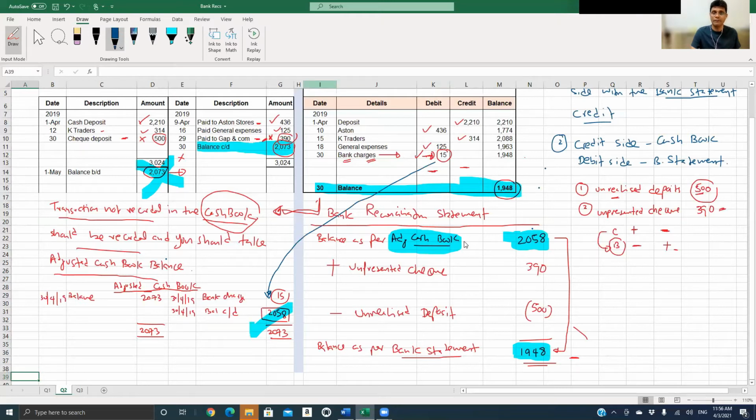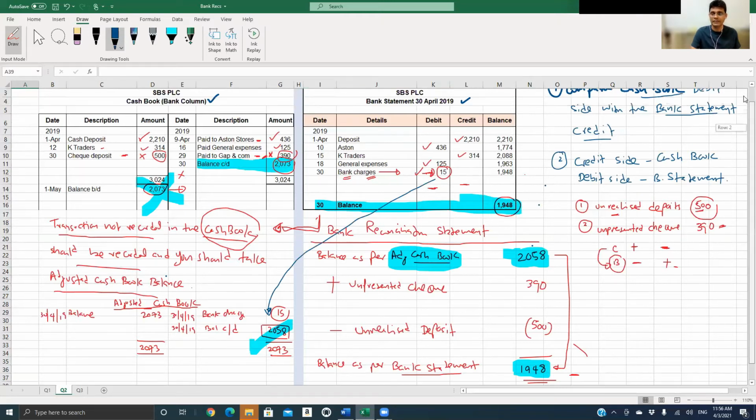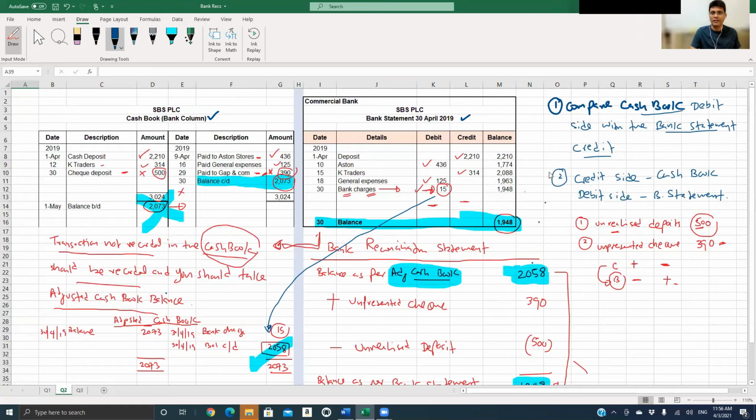So please remember, don't forget this. These are the concepts that you need to remember when you prepare the bank reconciliation statement. First one, as I told you, just tattoo this. You need to compare the cash book debit side with the bank statement credit side, because the credit side of the bank represents a liability towards debt, because we have deposited our money.